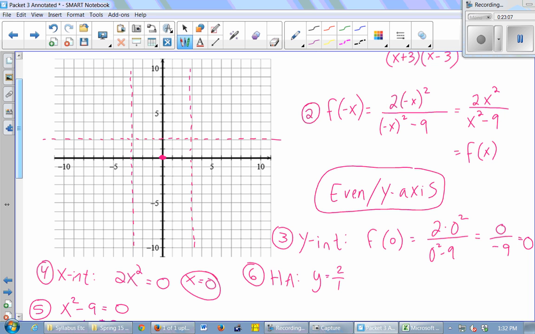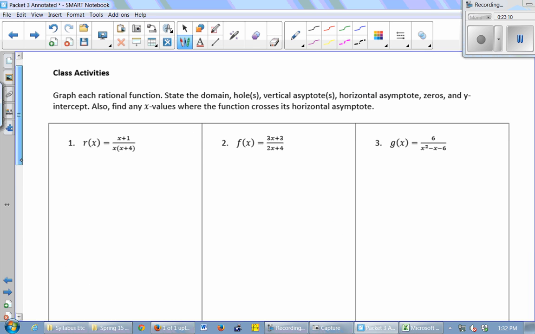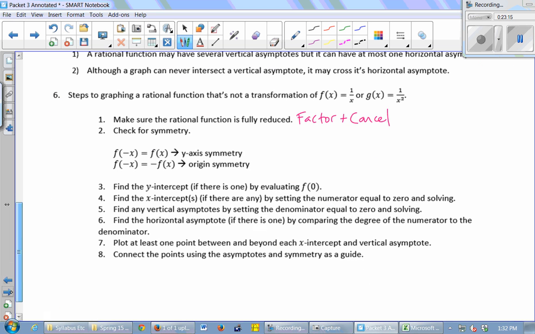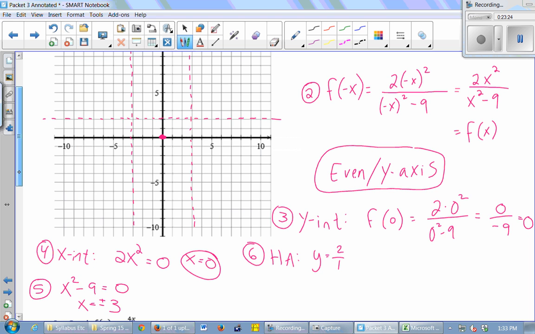All right, and then I believe my last step is I need to plot some points. Plot at least one point between and beyond each x-intercept and each vertical asymptote. So I've got one point here between 2 vertical asymptotes.